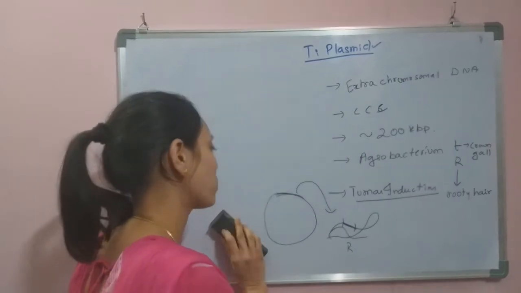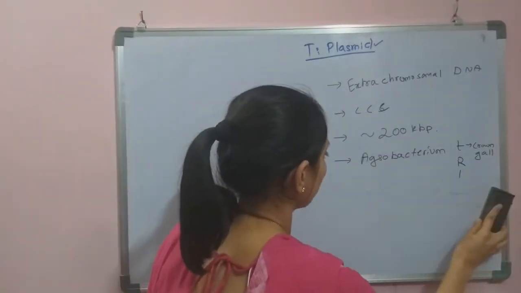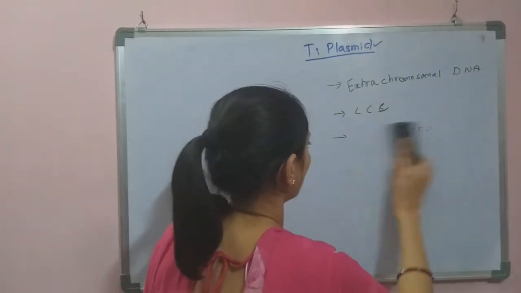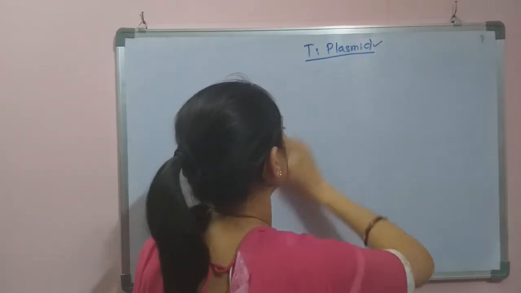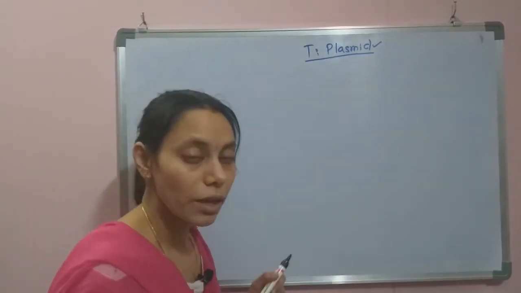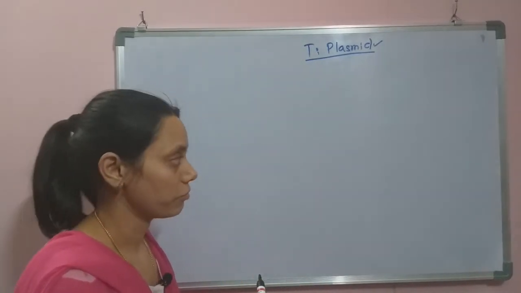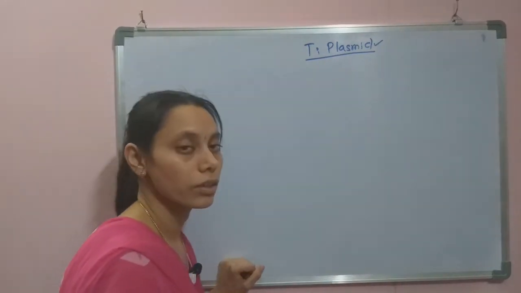So let us discuss the genes present on the TI plasmid that cause this tumor induction, and also how they help the TI plasmid to form this agrobacterial infection. There are many genes.